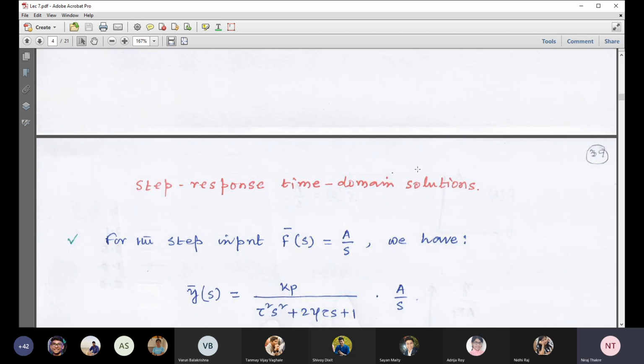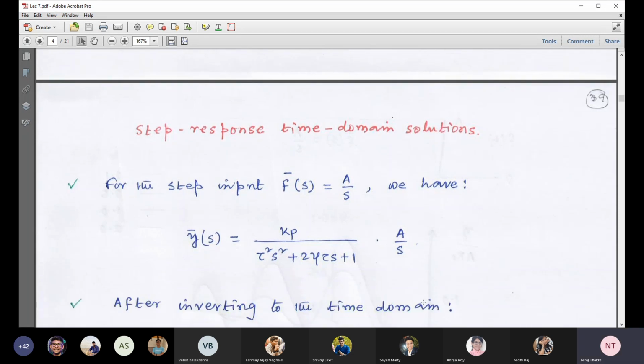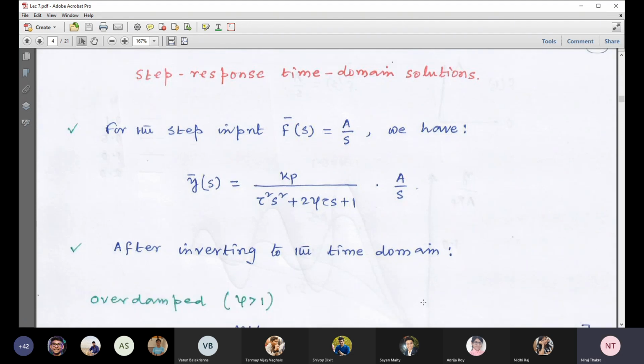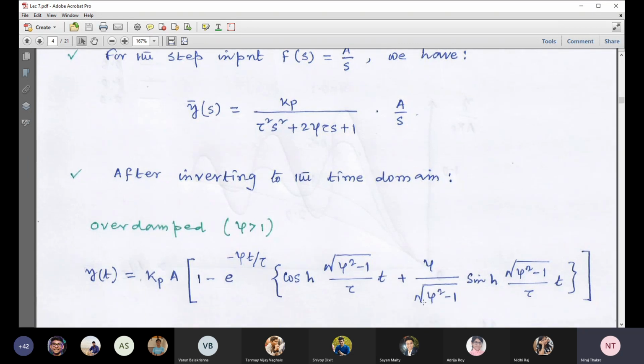So the expression of Y bar(s) looks like this. Now we'll take the inverse of Laplace transform, and we will get the expression for y(t), a different expression actually for 3 different cases, and they are directly given to you.